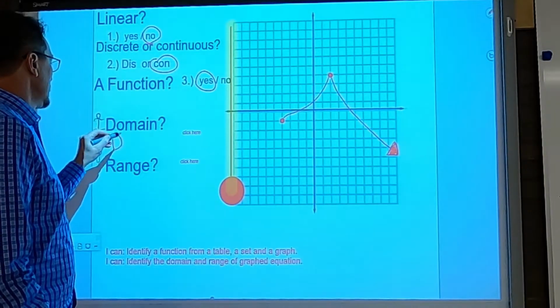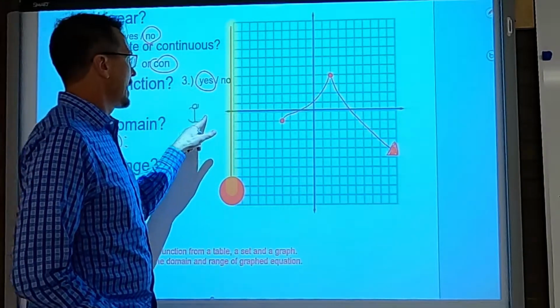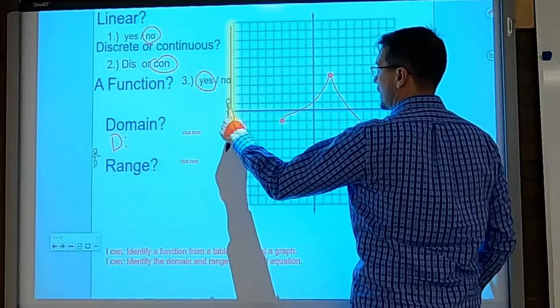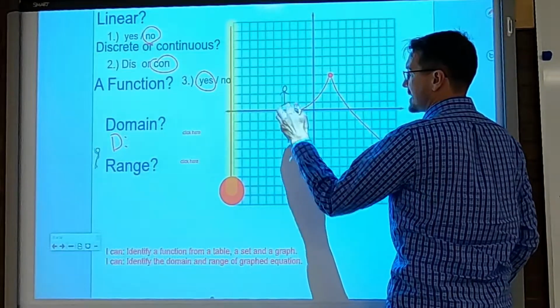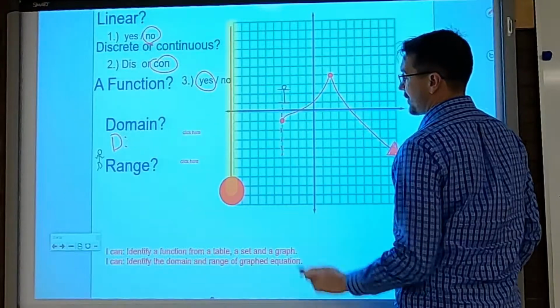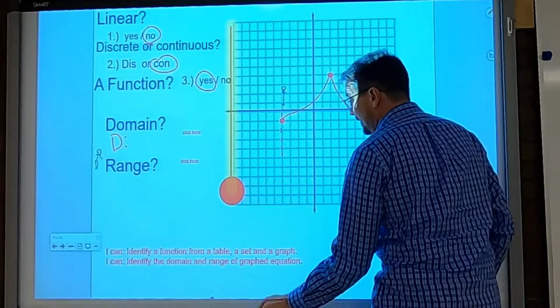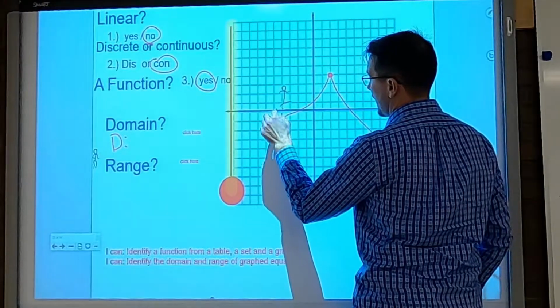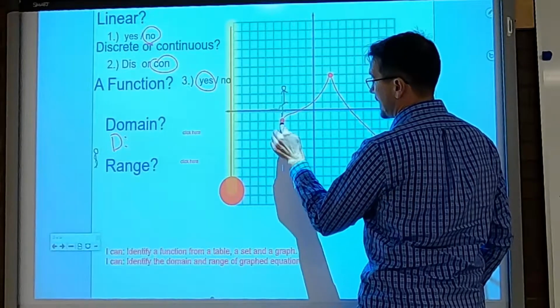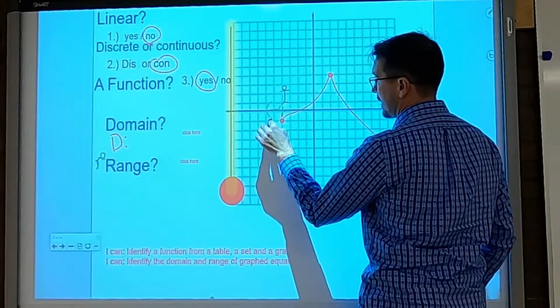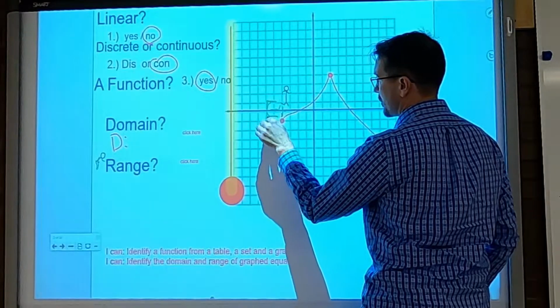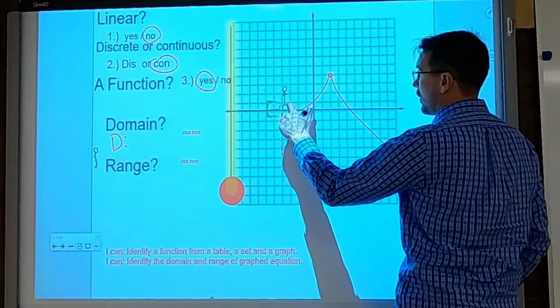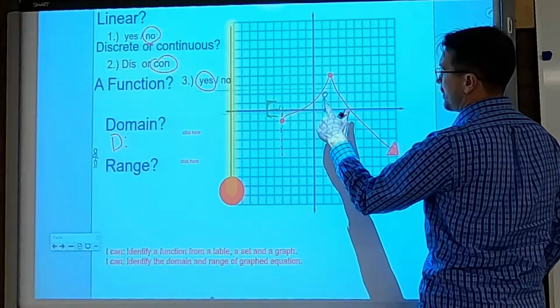So domain, we look at domain and we say, okay, as we go to the line here, where does it start? And I see that my first point starts there, and that is at -4. So I'm going to go -4. And because that's a filled in point, I'm going to put a bracket. Sorry, I almost put a parenthesis there. And then I keep going, and it goes up there, but we don't care about that.